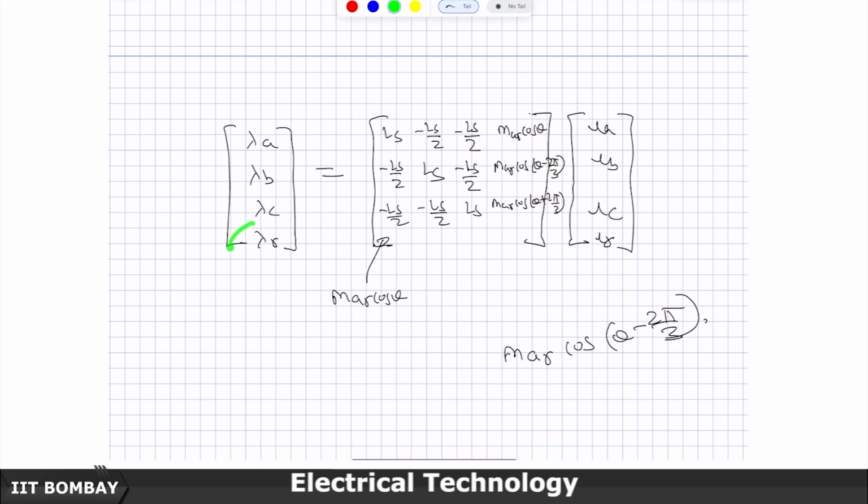Now, the flux linking the rotor winding due to the A phase current is MAR cos theta into IA, then MAR cos of theta minus 2 pi by 3 times IB, plus MAR cos of theta plus 2 pi by 3 times IC, plus LR times IR.